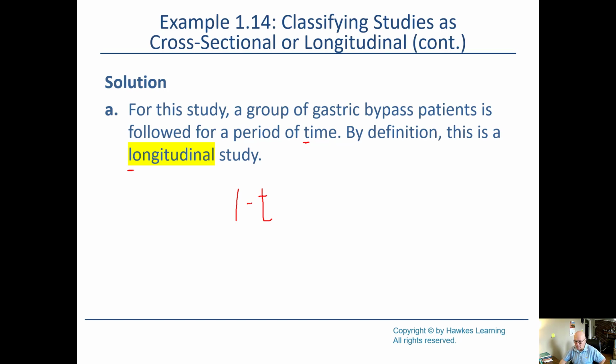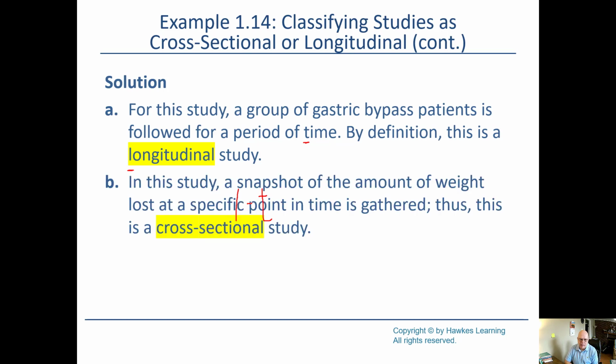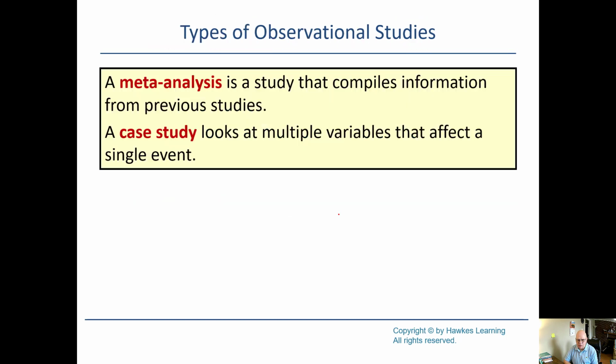Maybe that'll help. I don't know. It's up to you. Second part. Snapshot means it's a cross-sectional study because it's a specific point in time. So you stop the clocks and you took your study at that particular time.